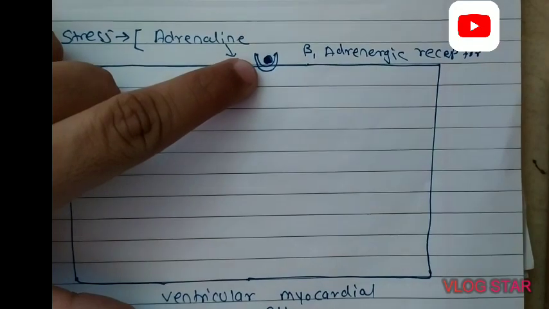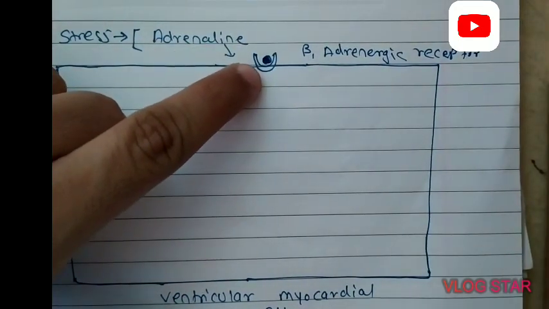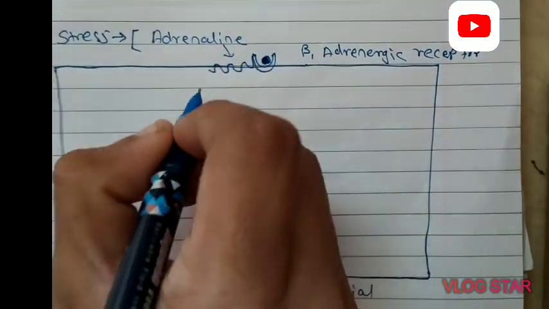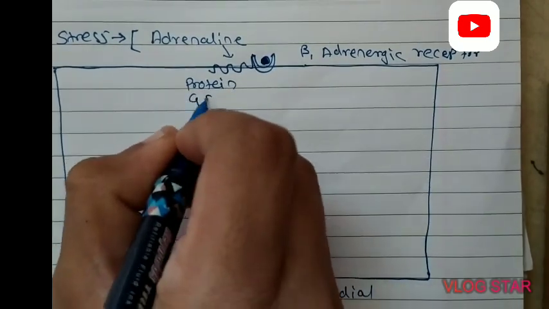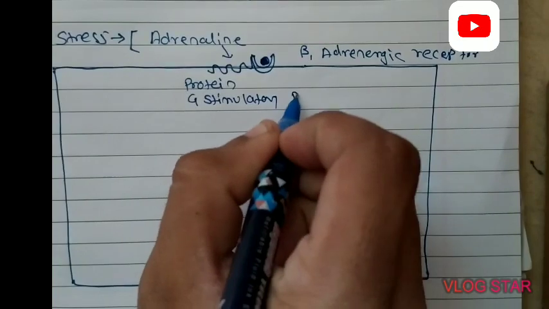Once this adrenaline gets attached to these receptors, it stimulates one protein called the G stimulatory protein.